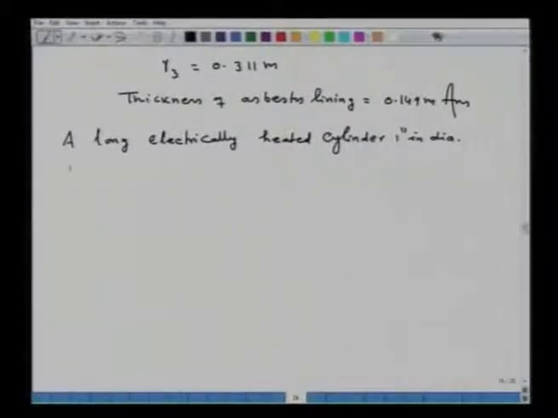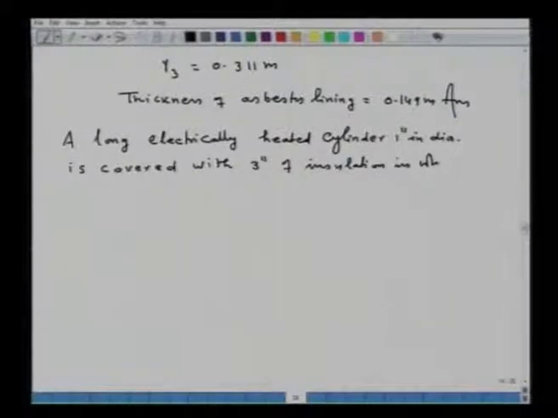It is covered with 3 inches of insulation in which k is given to you as 0.05 BTU per foot square hour degree Fahrenheit.